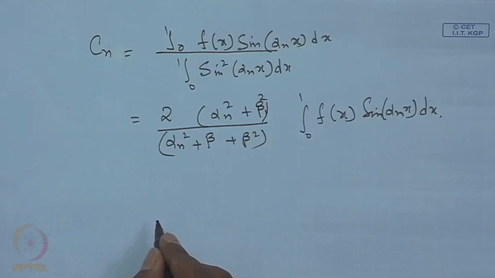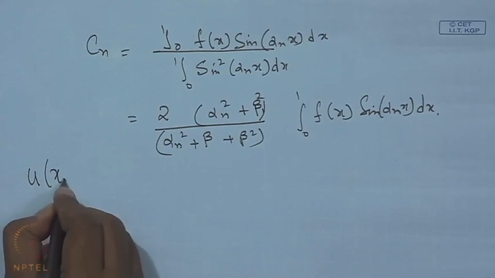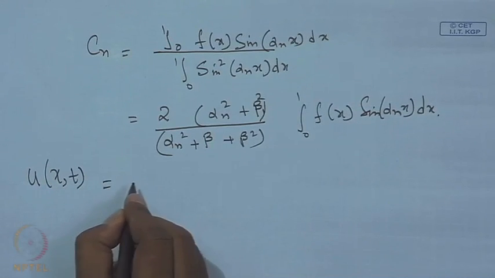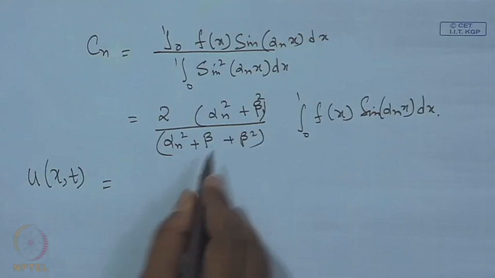So, therefore, we will be in a position to construct the complete solution. The complete solution will be u as a function of x and t is summation of C n. So, C n we just put it here.